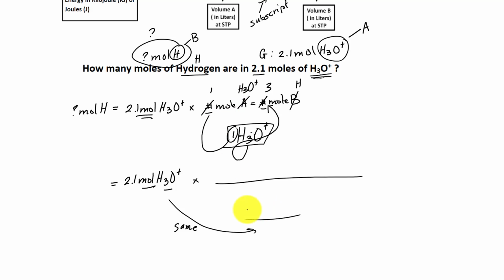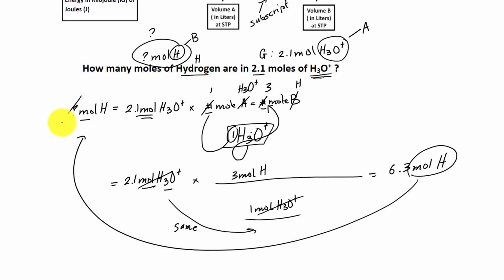So 1 mole of H3O+ must be down here, and up here must be 3 moles of hydrogen. Look what happened: this cancels out, giving us our answer in moles of hydrogen, which is exactly what we're looking for. And 2.1 times 3 moles of hydrogen gives us 6.3 moles of hydrogen. This is exactly what we're looking for over here, isn't it? So this question mark, we can now replace with 6.3.